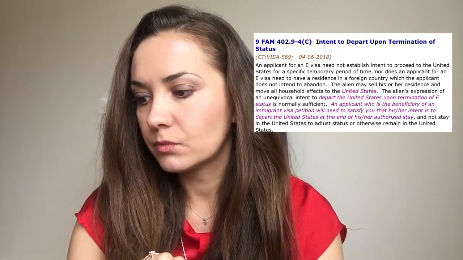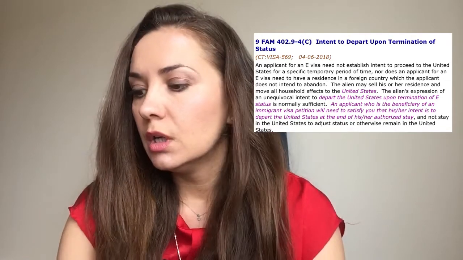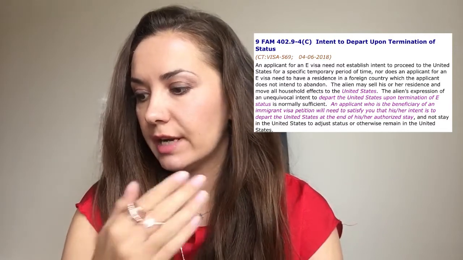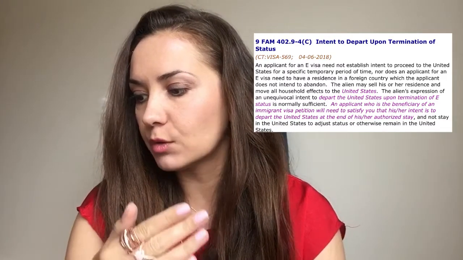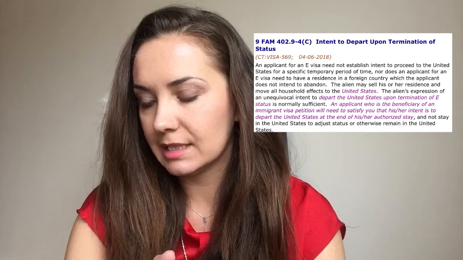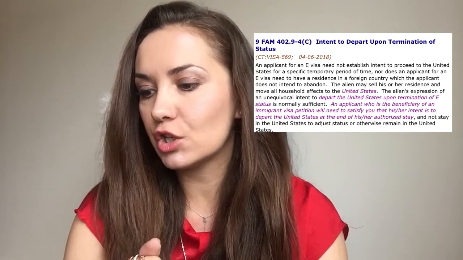The alien, which is you, might sell his or her residence and move all household effects to the United States. The alien's expression of an intent to depart the United States upon termination of E2 status is normally sufficient.